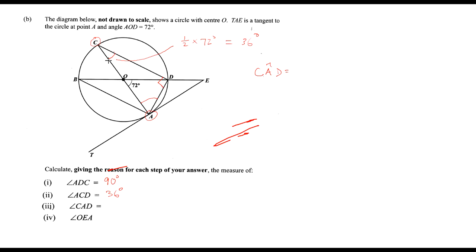So therefore CAD is equal to 180 degrees minus, open brackets, 36 degrees plus 90 degrees. And that gives me 54 degrees.